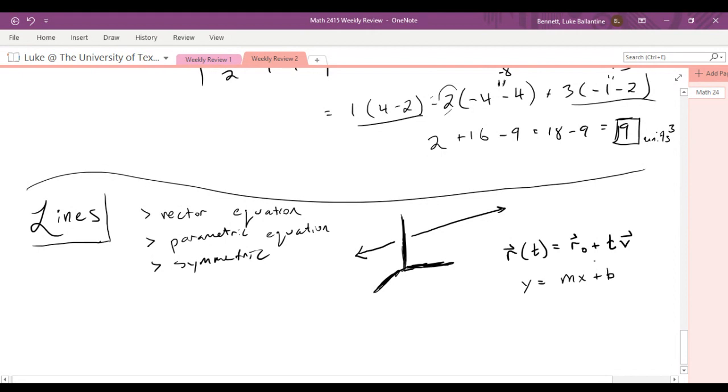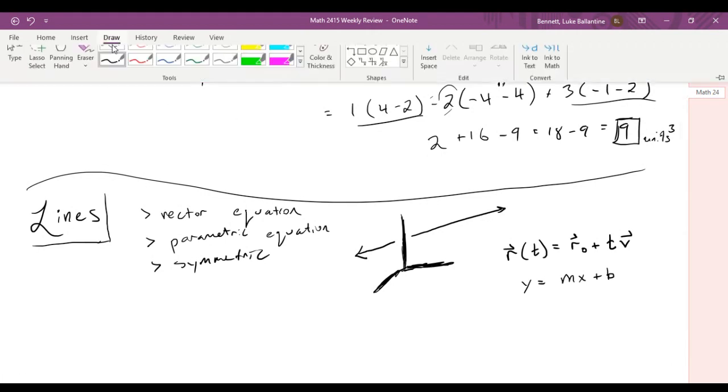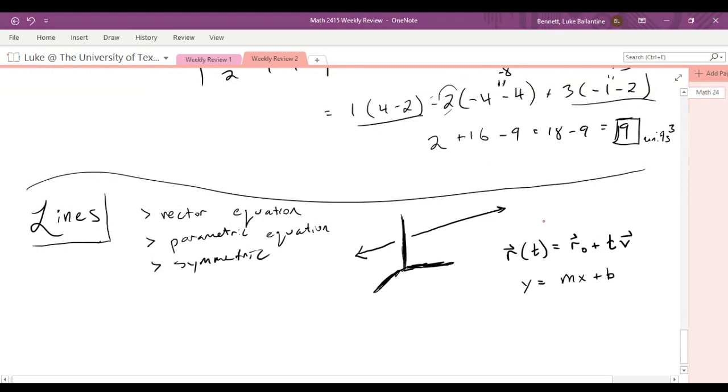These are essentially the same thing. If we look at this r naught as being the y-intercept, but really it's just some point. R naught is a point on the line. So like R naught would be right here, for instance.